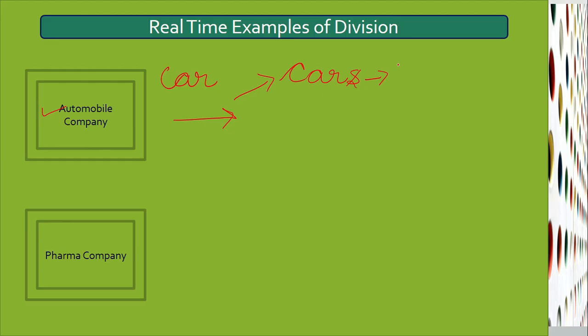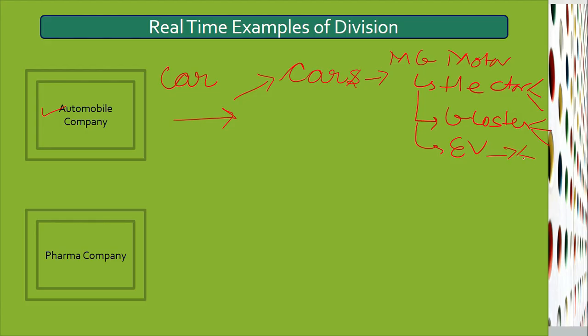For example, if we take MG Motor, it has the brand Hector, and its different variants also. Then it has Gloster, again with many variants. Then it has the EV cars, again with many variants. The recently launched electric vehicle is the Comet, the compact small car, and that also has variants.